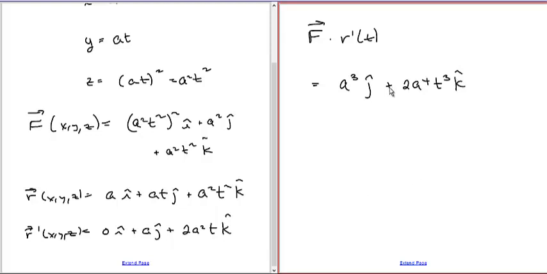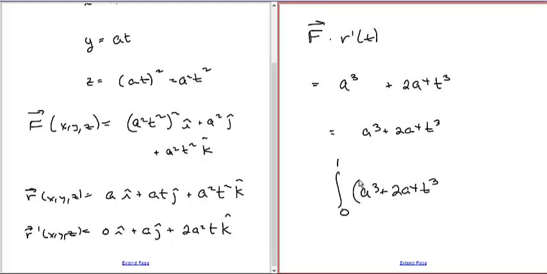Oh, but you don't have the j's and k's because it's the dot product. Okay, so we get a cubed plus 2a to the 4th t cubed. And then we're going to integrate from t equals 0 to t equals 1 of a cubed plus 2a to the 4th t cubed dt.